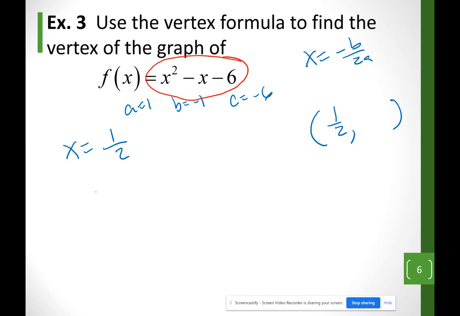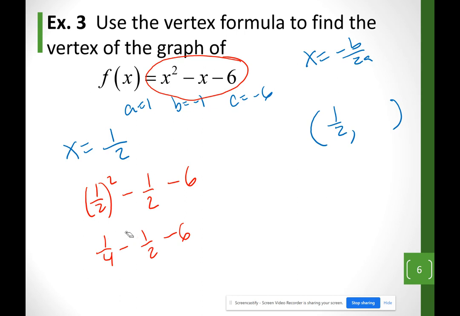What I mean is I'm going to go 1/2 squared minus 1/2 minus 6. I'm using the function, it's just that I am using the value of x that I just found. I know 1/2 squared is 1/4, so I have 1/4 minus 1/2 minus 6.